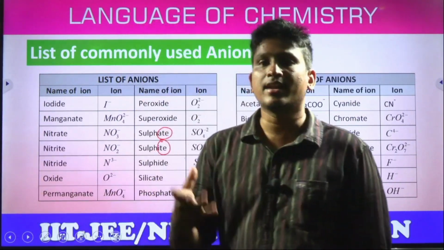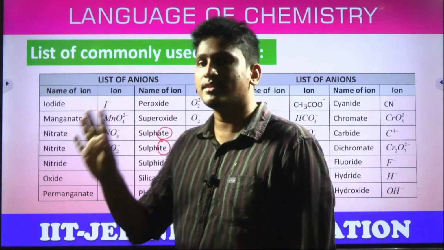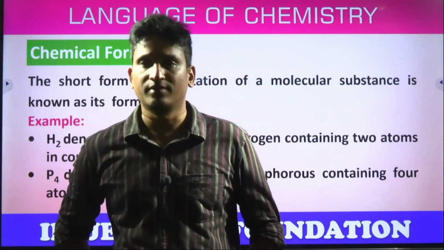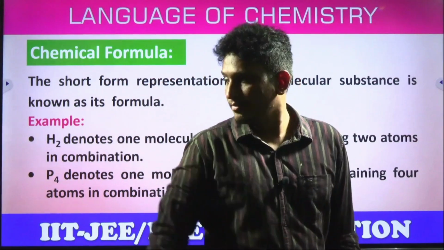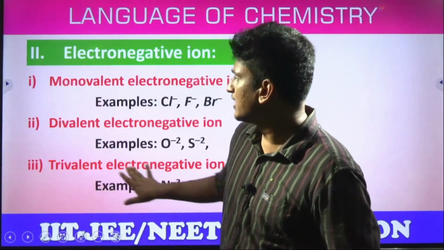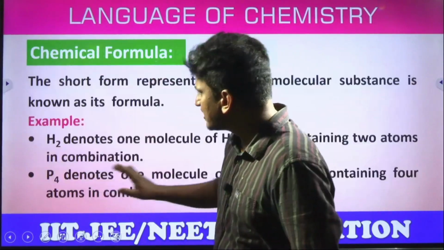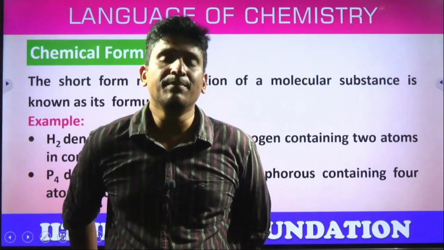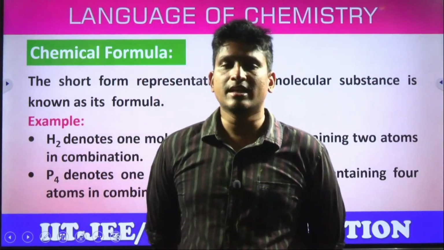So remembering cations and anions, there is a use, that use I'll discuss by the end of the video. So chemical formula, ultimately students, now this is the time. Well, you have seen all the list of cations and anions. Yes sir, these are cations, these are anions. So answer: all these ions, do they exist freely, independently in nature? Freely means like sodium ion.